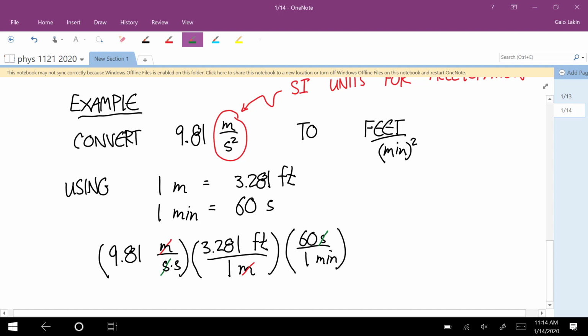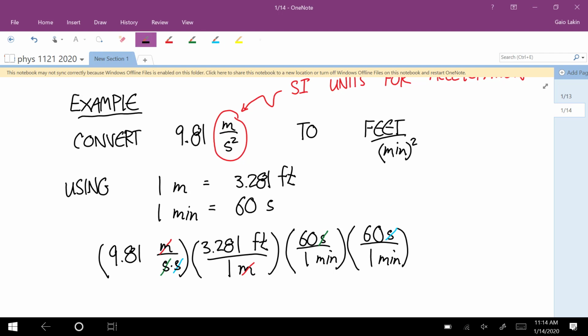You're just doing this math as if those are algebraic variables, as if they're x or y or whatever. But we still have this other second left, so we have to do it one more time. So multiply by 60 seconds over 1 minute. And that cancels the other seconds.